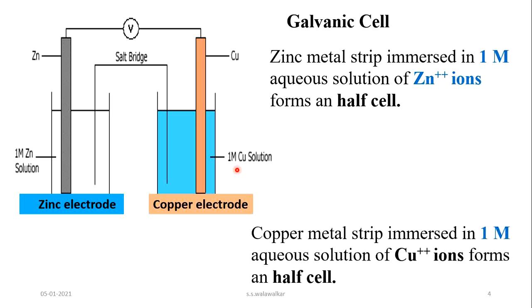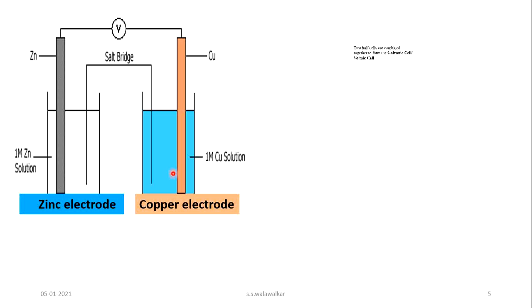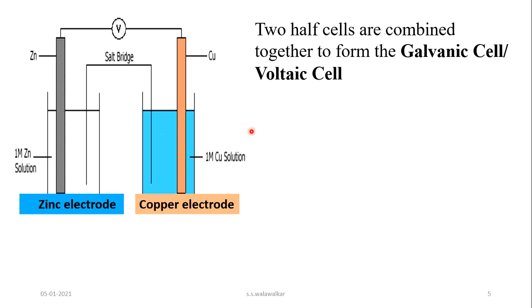Then it forms the another half cell, that is zinc metal strip immersed in 1 molar aqueous solution of zinc sulfate forms one half cell, and copper metal strip immersed in a 1 molar aqueous solution of copper sulfate forms another half cell. So such a type of two half cells are there in galvanic cell, and these two half cells are combined and it forms what?